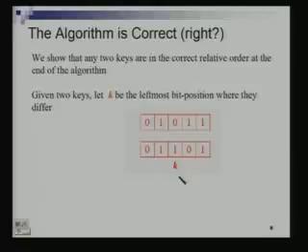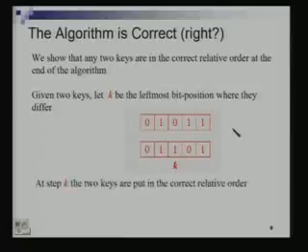Now when I am sorting this bunch of numbers, what's going to happen? Remember, I am sorting by considering first the rightmost, then the second rightmost, then the third rightmost, and so on. So the claim is that at step K, the 2 keys are put in the correct relative order.